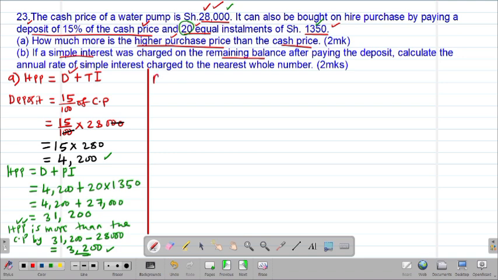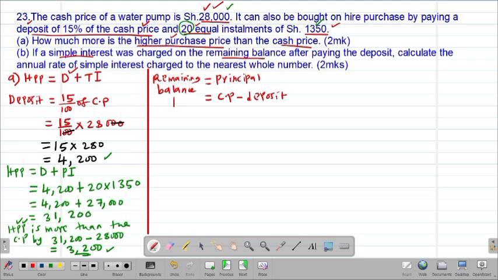So the remaining balance is basically what we are calling the principal. Remember, the principal is always given by the difference between the cash price and the deposit. Whenever you subtract the deposit from the cash price, you usually get the remaining balance, which is the principal.